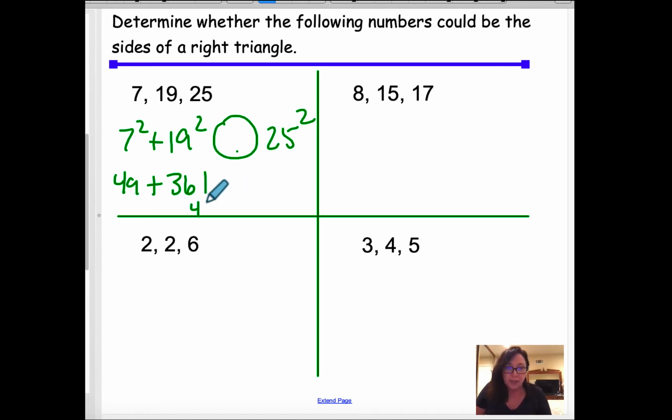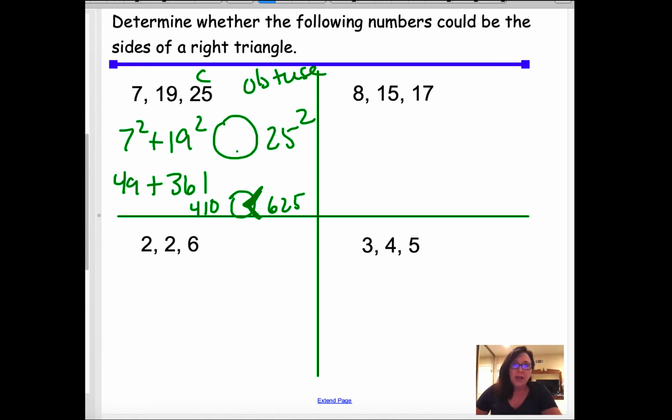So we've got 410 here. What value is that compared to 25 times 25, right? 625. Well, the hypotenuse, the c value, the biggest value, is definitely greater than the other two sides. So then this is actually obtuse. It's not right.